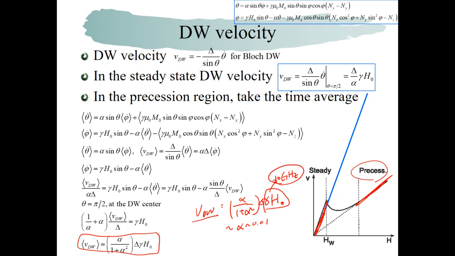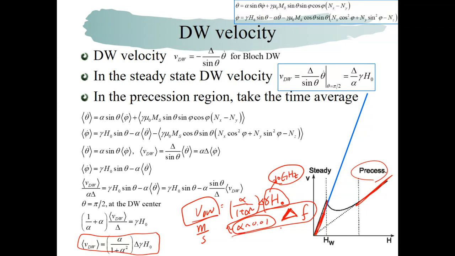In order to obtain the domain wall velocity, it should be meter per sec. And this alpha is dimensionless. So we have a frequency term here, and we need some length scale. In domain wall motion, the domain wall width is the most relevant length scale. So that's the expression of the domain wall velocity.